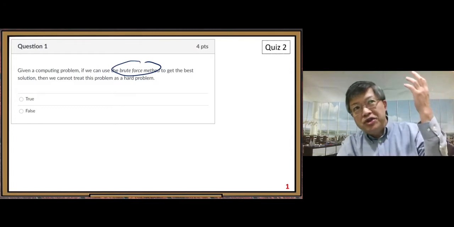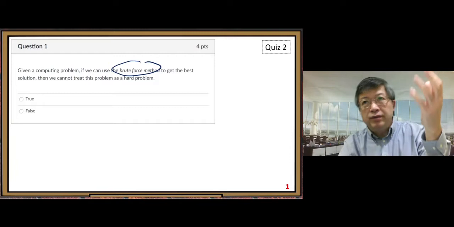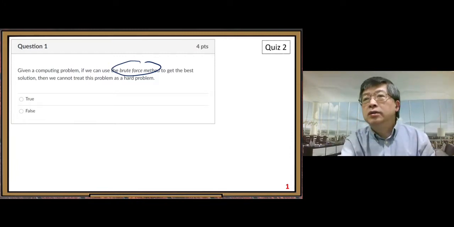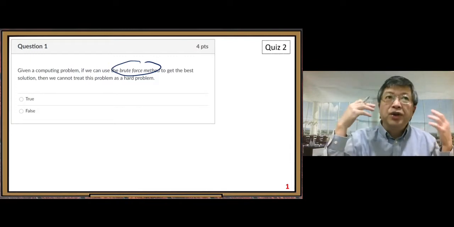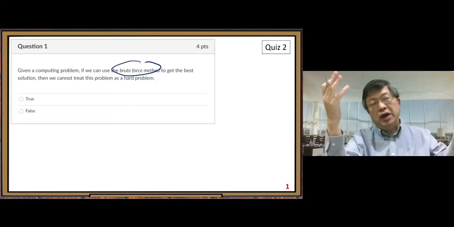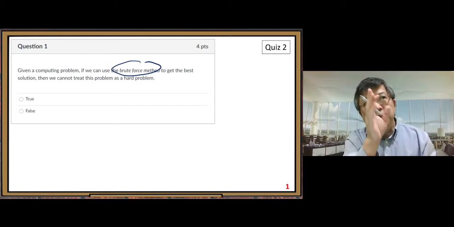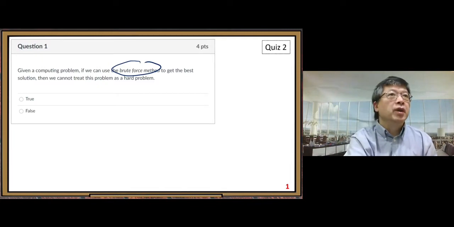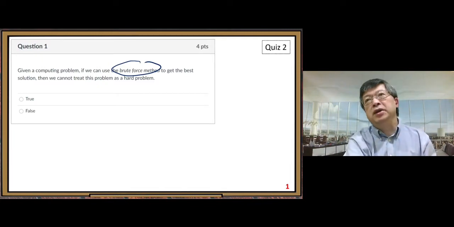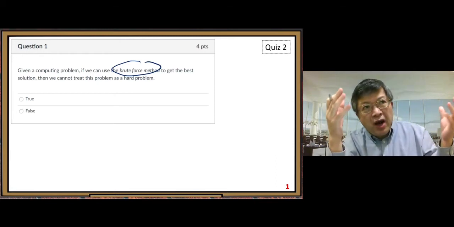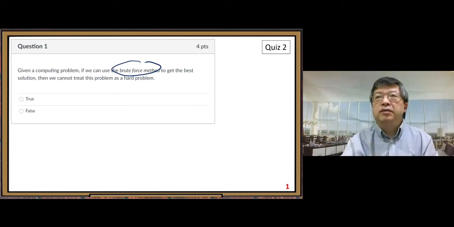So if you can use the simplest possible algorithm to solve a computing problem, can you say it is a hard one? Based on our intuition, we cannot say it's a hard problem, right? A hard problem usually needs some advanced method, advanced technique, and also could be some very complicated procedure, some very smart design, that kind of thing.